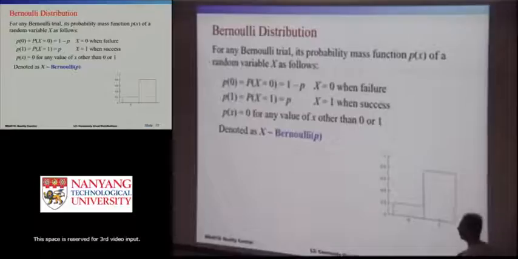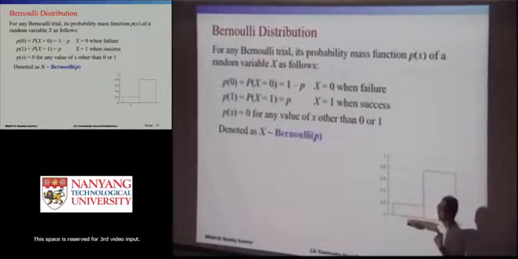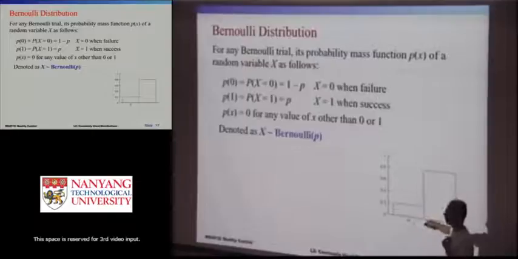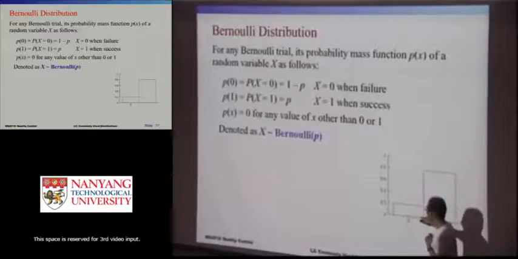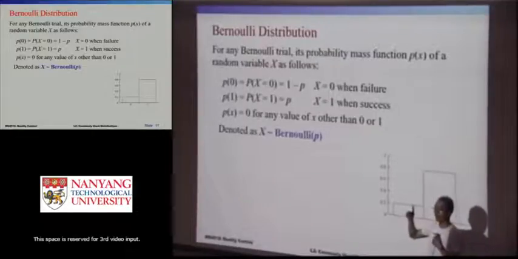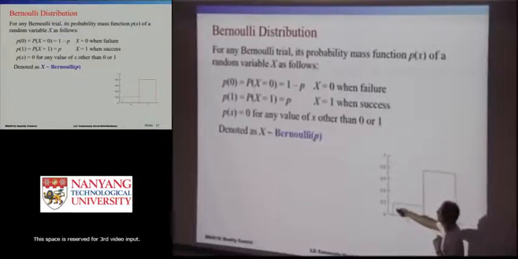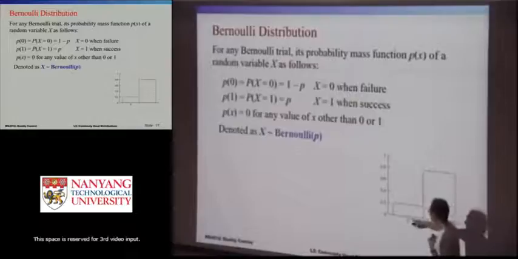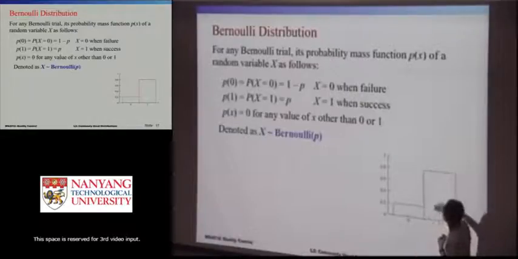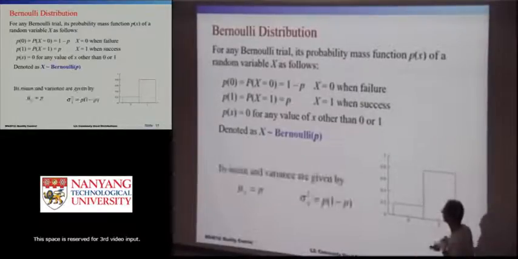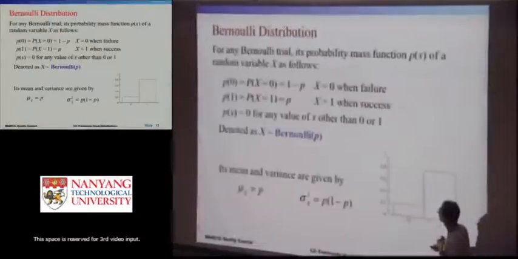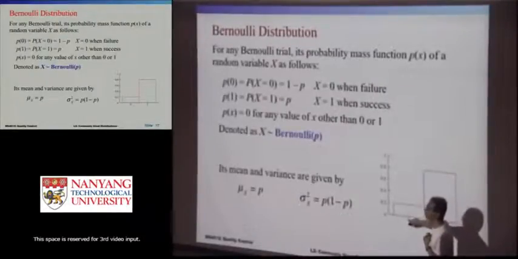And here we can plot this distribution. This is like a bar diagram, the width of each bar is 1, and the height is the value of the probability. For this one, the success probability is 0.8, so the failure probability is 0.2.